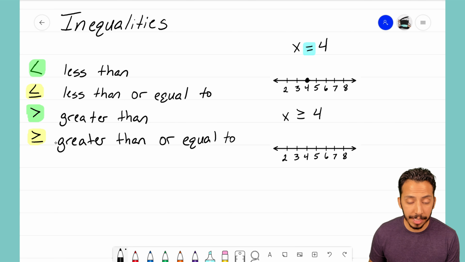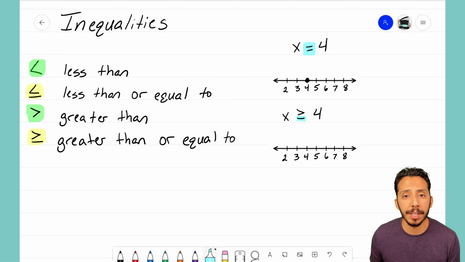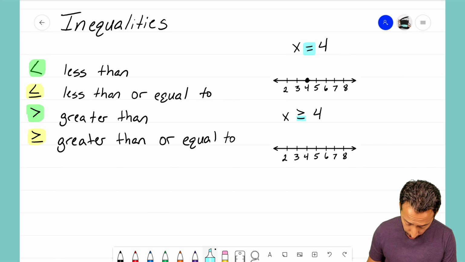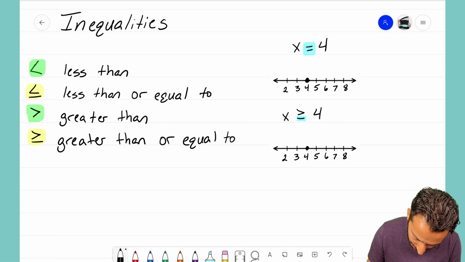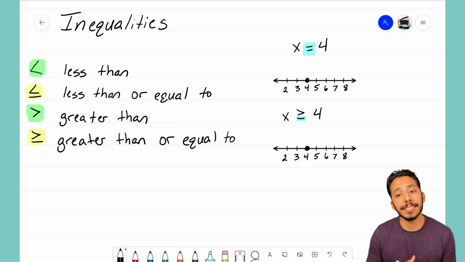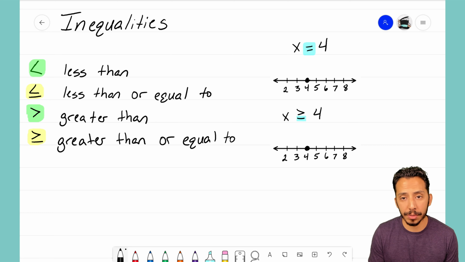That symbol here is greater than or equal to. Let's take care of the equal to part. Remember, that bar underneath is really just part of the equal sign there. So that means that x can equal 4. So I do want to put my dot right back on here where 4 is, because x is greater than or equal to 4.